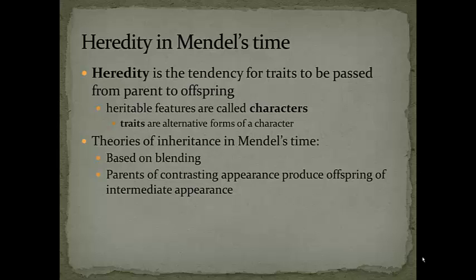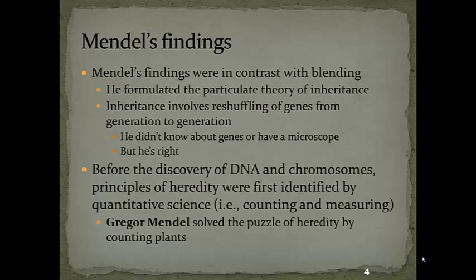But it doesn't take into consideration that sometimes we look just like mom or just like dad. At the time, they said that's because the genetic material is unstable. Now, Mendel just really wasn't a fan of blending.